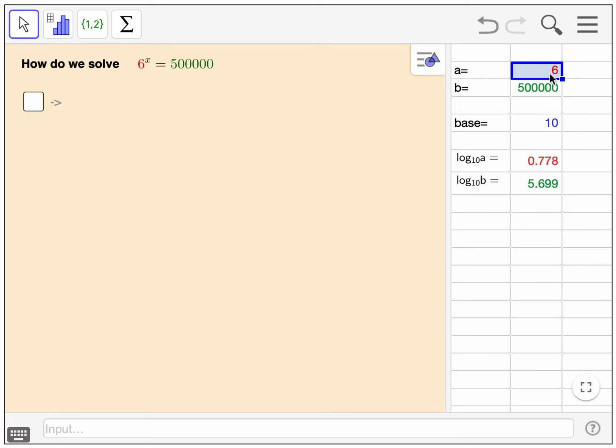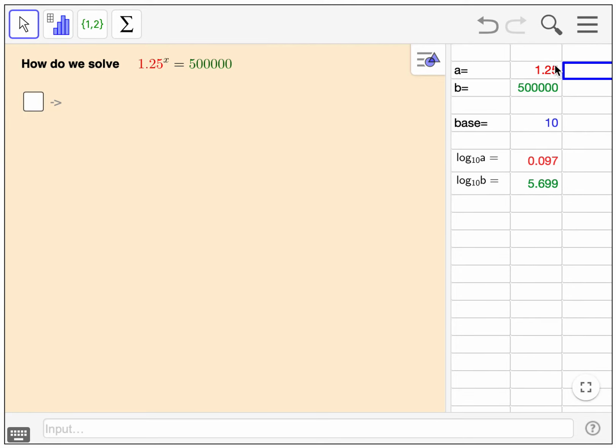In our real life problems, the base may not be the usual integers. In fact, it would probably be a decimal like this. And because we're interested in, let's say, a certain percentage change, which is actually just a multiplier, if you multiply something by 1.25, it means you're increasing the value by 25%.